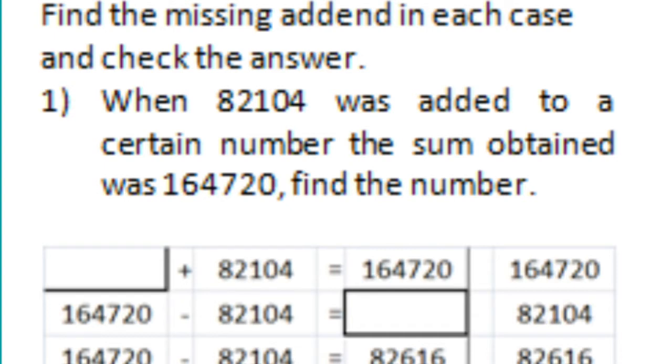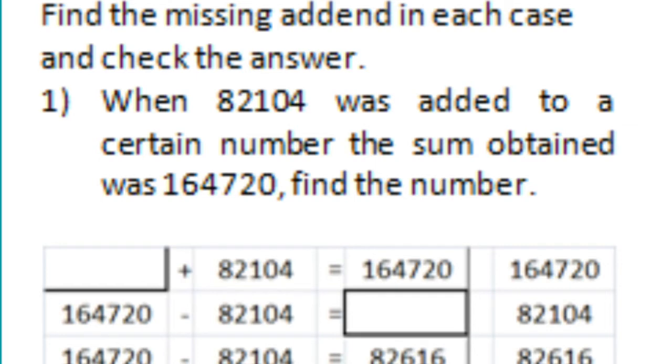Find the missing addends in each case and check the answer. First, we have to find the missing addend, then check whether it is correct or not. You see the first question: when 82,104 was added to a certain number, the sum obtained was 1,64,720.